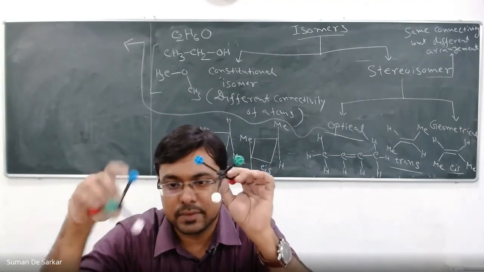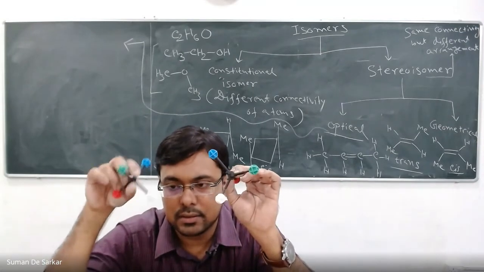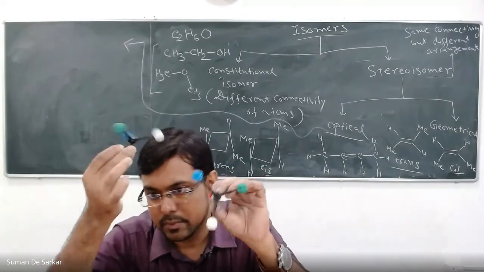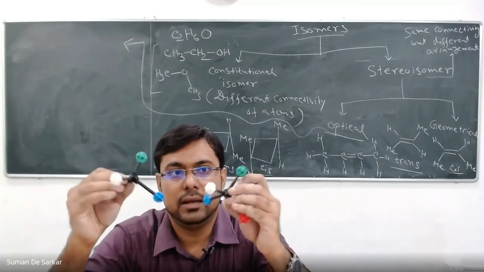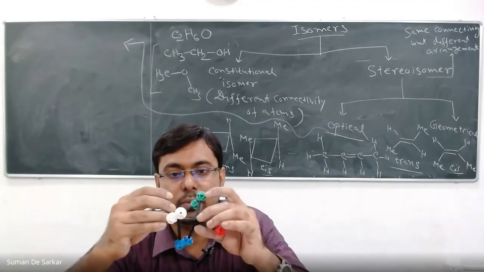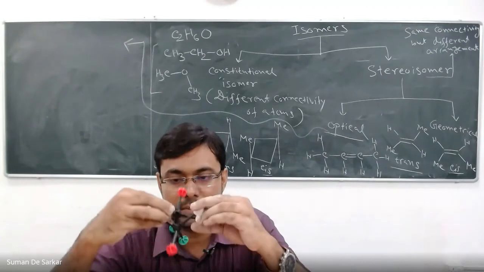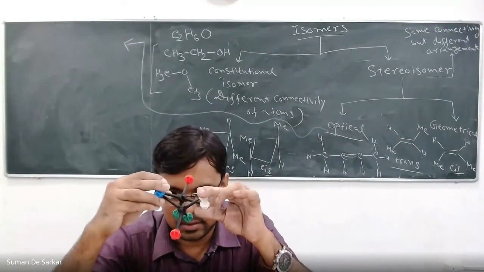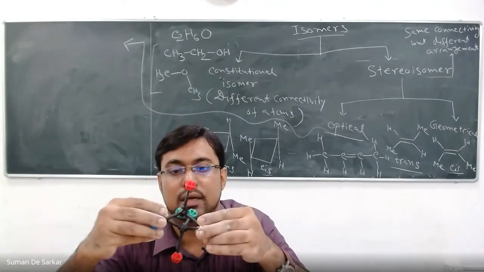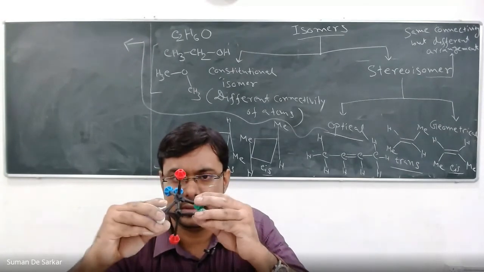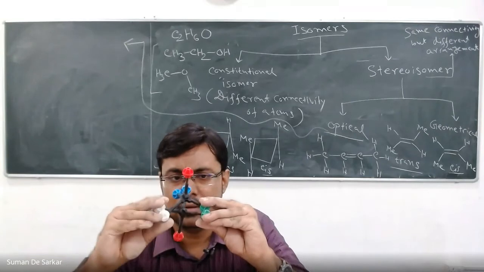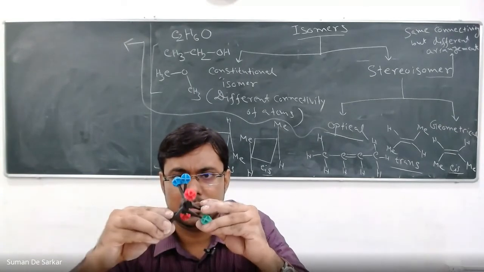If you just see the mirror and then you make a model, you will end up with this one. So these two are mirror images of each other. And then you have already tried to superimpose, and have found that only two atoms can be mixed, and the other two will never mix.